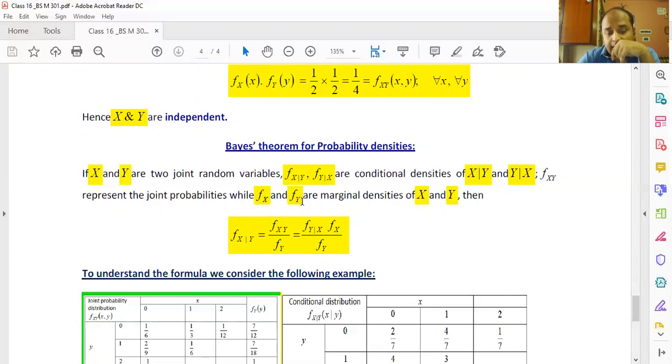Then the conditional probability f of x given y can be represented as f of xy by fy, which is equal to f of y given x into fx by fy.